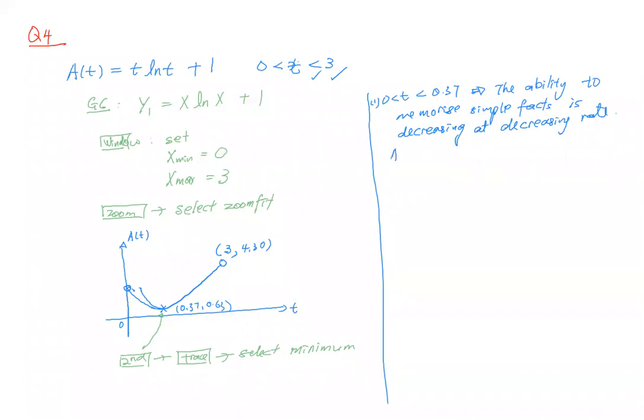Then at t equal to 0.37, what can you say about the rate? What can you say about the changes? The ability stops changing. Yeah.